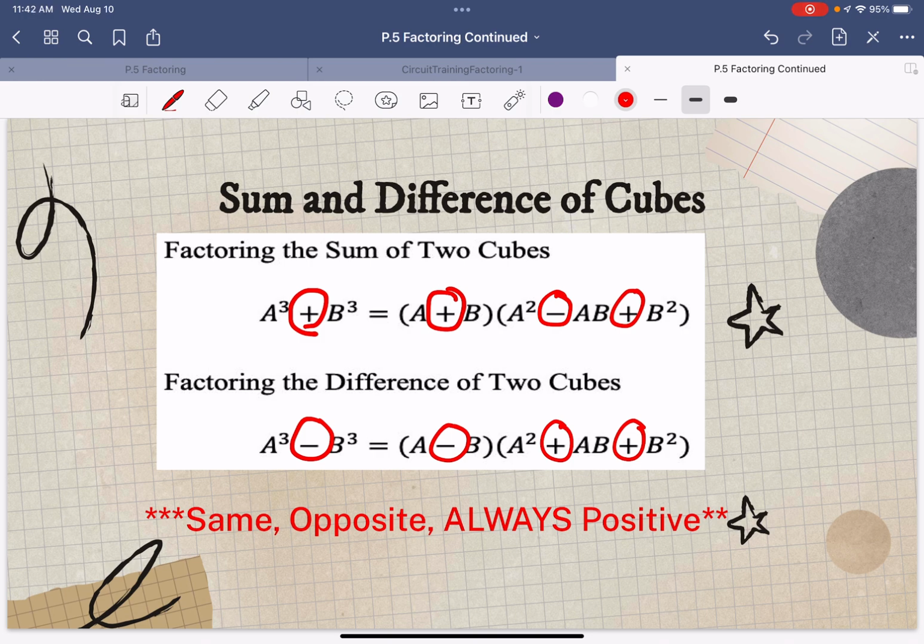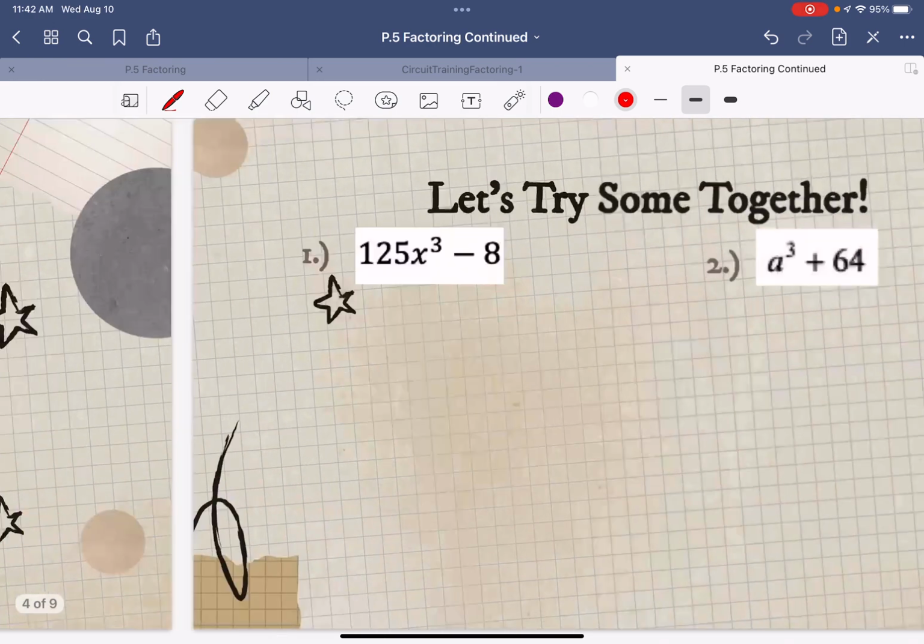But with the plus one, same sign, opposite sign, always positive. And what if there's a minus in the middle of the cubes? Well, then it's going to be same sign, opposite sign, always positive. So if you're memorizing it, that's a cute little trick that I use.